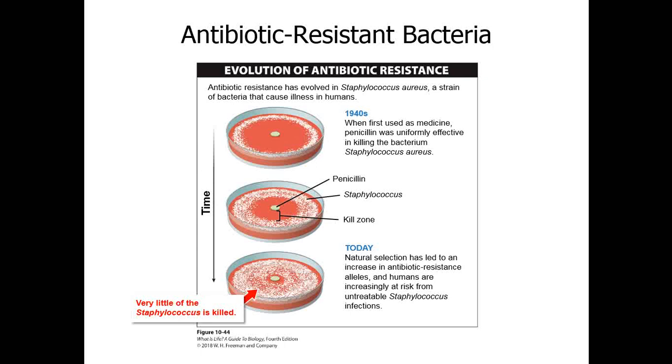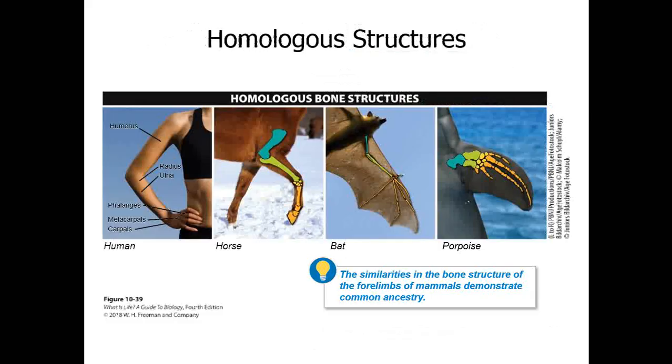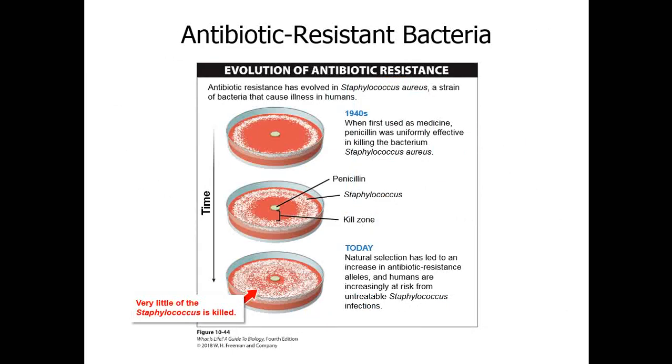And then also, when you expose them to penicillin, all the ones that are not resistant die, and the only ones that are left are the ones that are resistant to penicillin. And so those are the ones that reproduce and make babies that have those genes for resistance. And so in the 1940s, almost all bacteria were not resistant to penicillin. But as we started using penicillin and exposing everybody to it, those bacteria started to show some advantageous mutations.